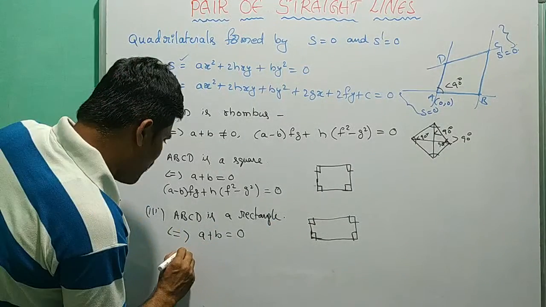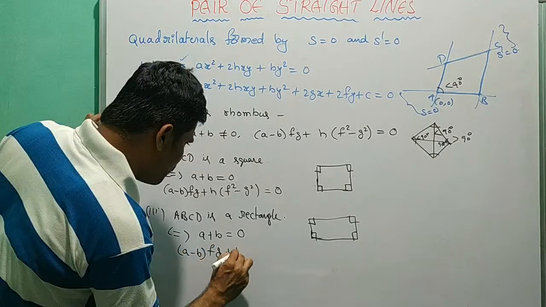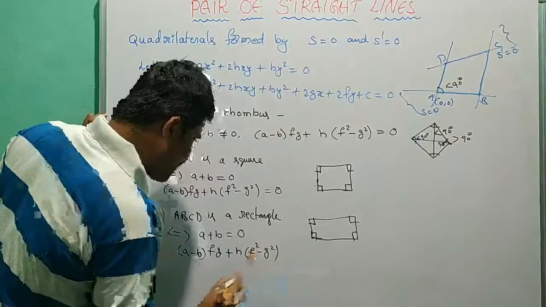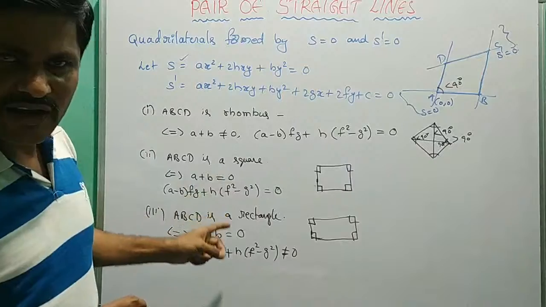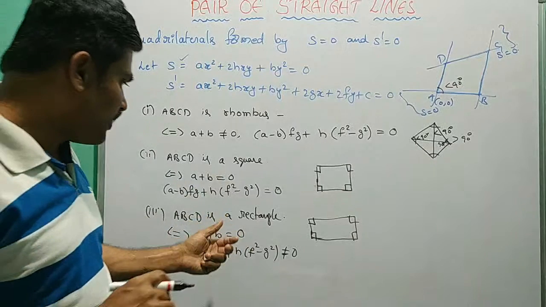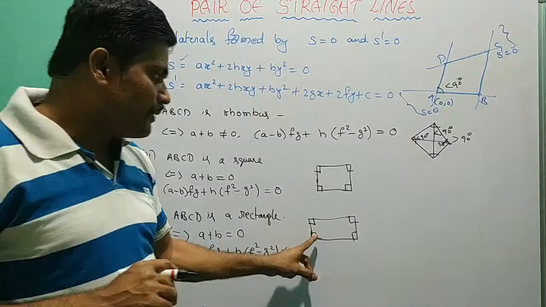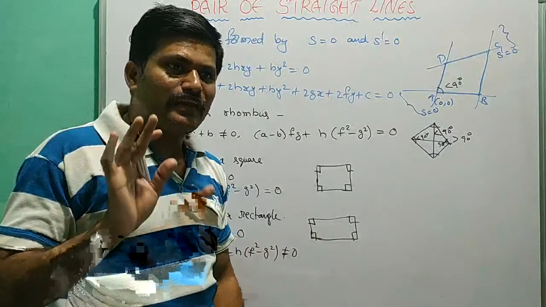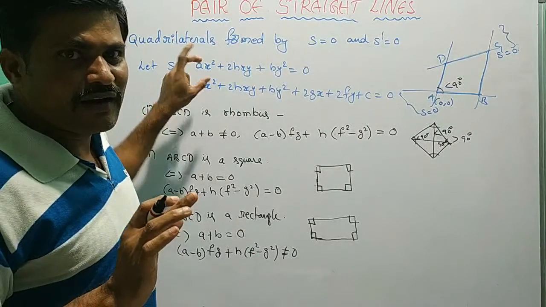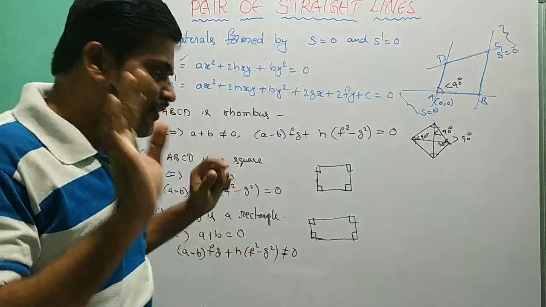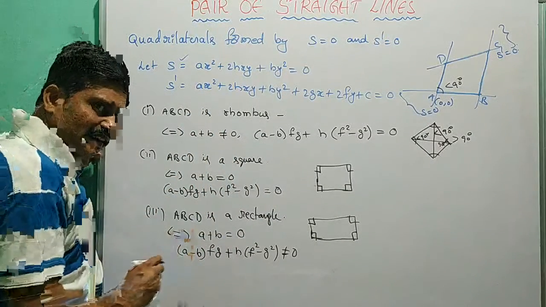Now here clearly we have to observe that a minus b into f square is not equal to 0, but all sides are not equal. But the angle between them is necessarily 90 degrees, because the lines are clearly perpendicular to each other. Then that quadrilateral is called a rectangle.